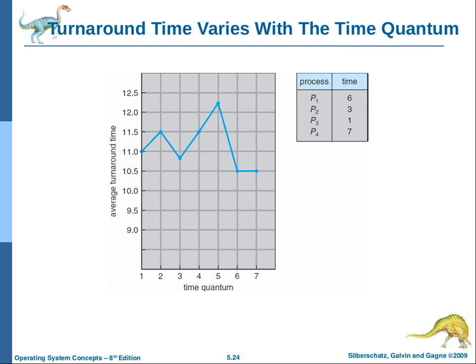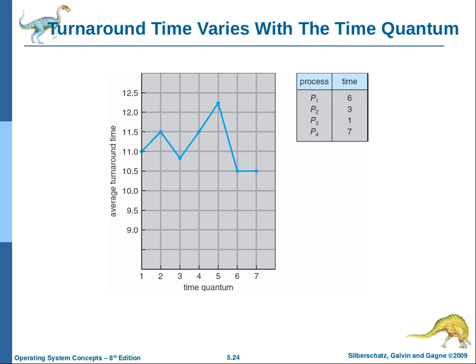The idea is that it varies with the time quantum and with the process time. The point here is it goes up and down. It's not like more is exactly better, although too little is bad because of context switching.